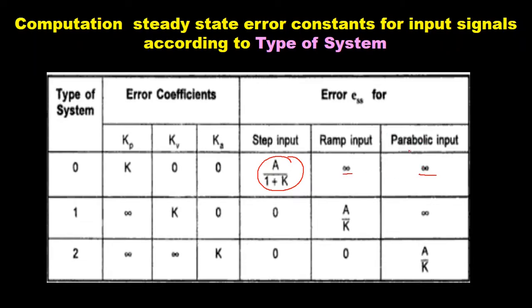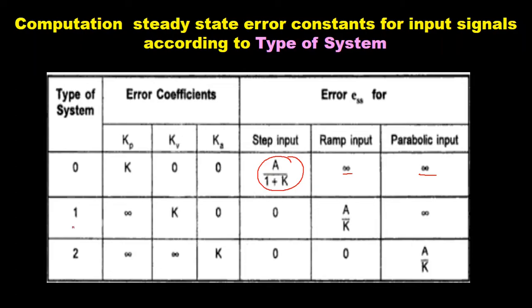That means ramp and parabolic inputs are not used to excite the type 0 system, as we are getting the error very high value.